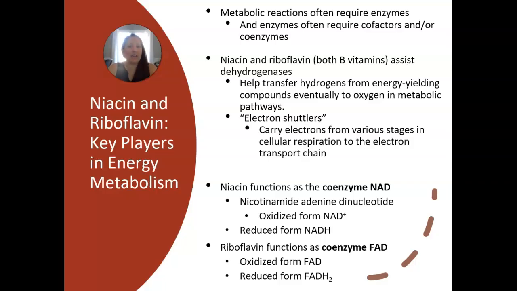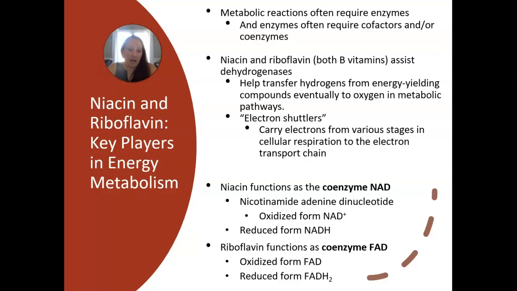So niacin and riboflavin are electron shuttlers. They pick up electrons at various points in the metabolism of carbohydrates, fats, proteins, and alcohol.